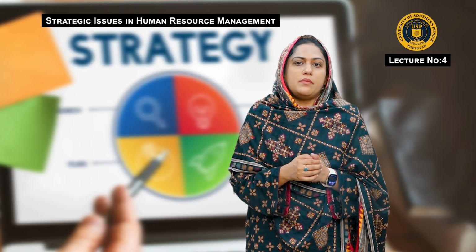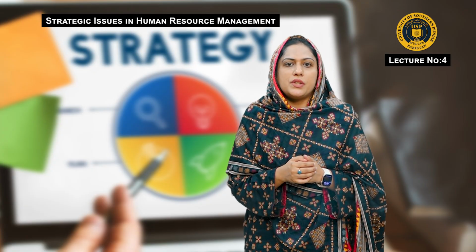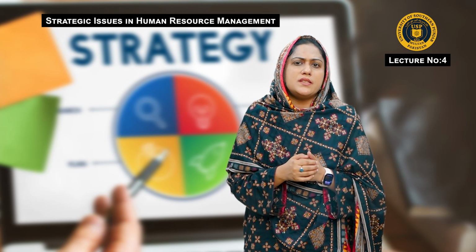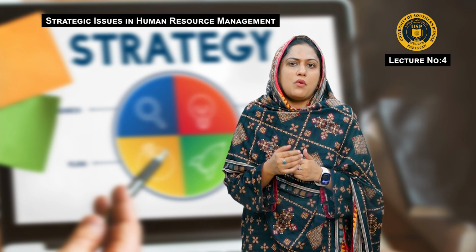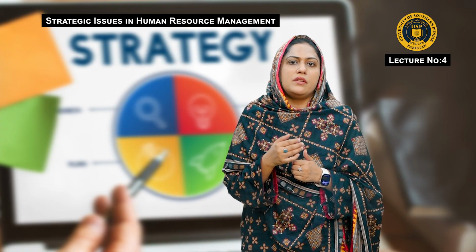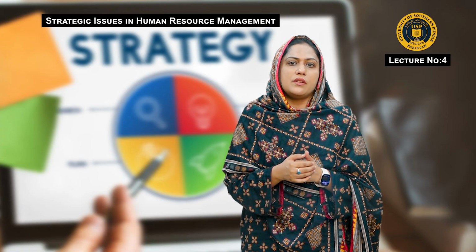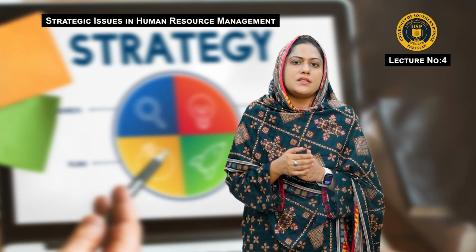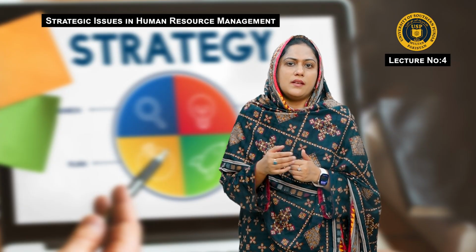Number 1, talent management strategy. Formulation: analyze future business needs and identify required skills. Develop a talent framework covering attraction, development, and retention. Align with leadership succession and workforce plans.